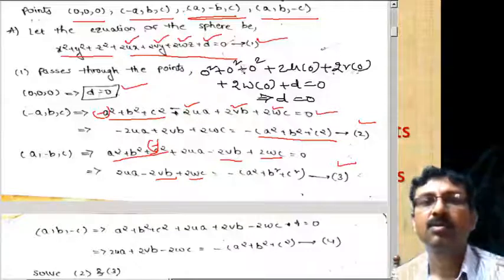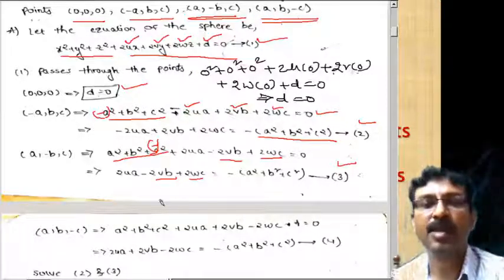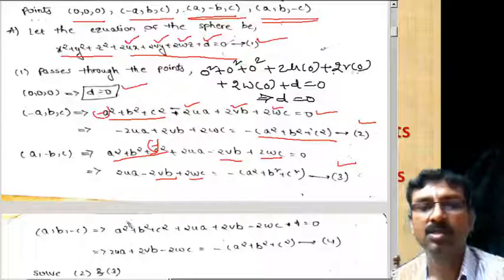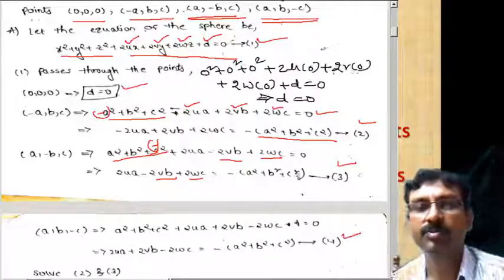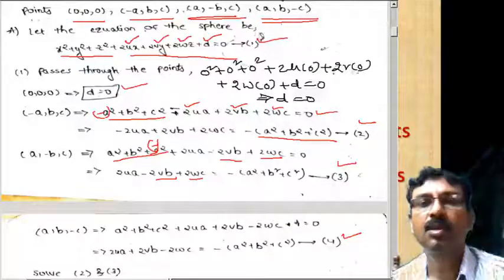Next we will use the fourth point, a, b, -c. Substitute a, b, -c in equation 1.